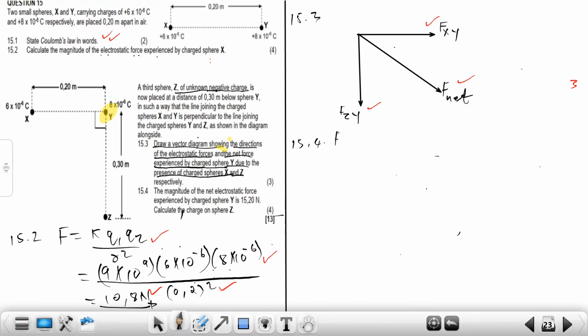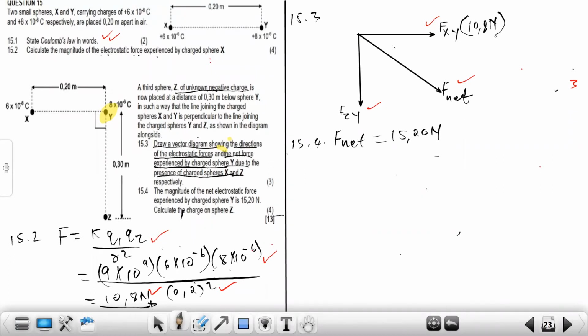But what is it that I have? I am given F net, which is equal to 15.20 newtons. I calculated earlier the influence or the magnitude of X on Y. That force was something like 10.8 newtons. That is what we calculated.